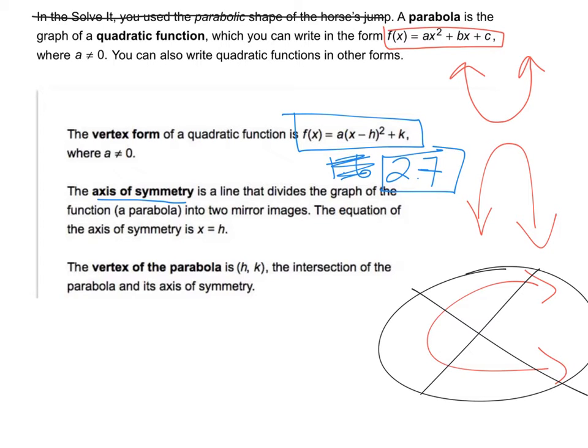That's going to divide the graph into two equal mirroring images. The equation for that is always x equals a number to give us a vertical line, and it's always the h value, so it's always going to be the x value of the vertex. The vertex is (h, k), so remember, we're always going to take the opposite of this h value and the same as this k value to get the vertex.